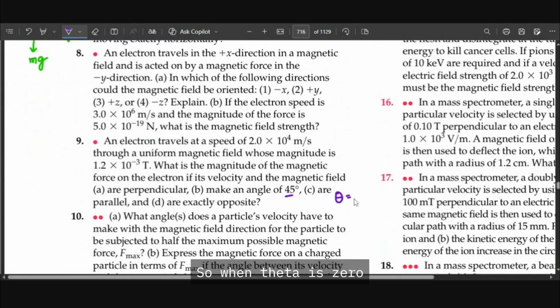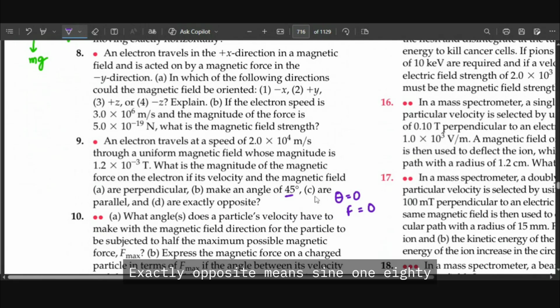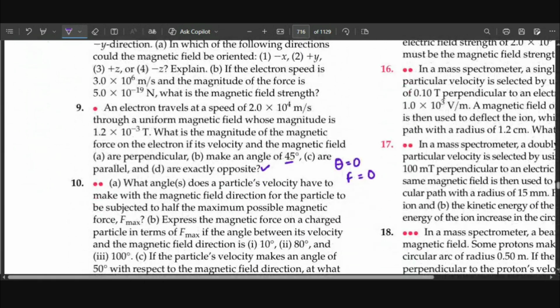So when theta is 0, force is automatically 0, because no force will act if velocity and magnetic field are parallel to each other. And exactly opposite means sine 180, and sine 180 is also 0. So in that case also force is going to be 0. So it is a very basic question. You just have to rely on the formula.